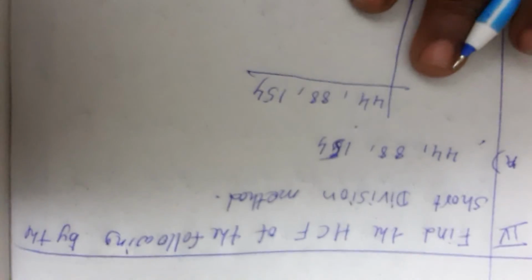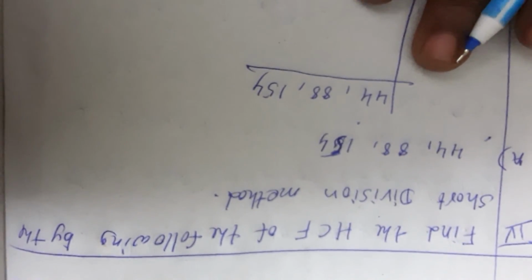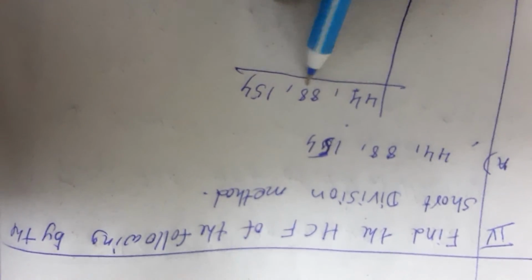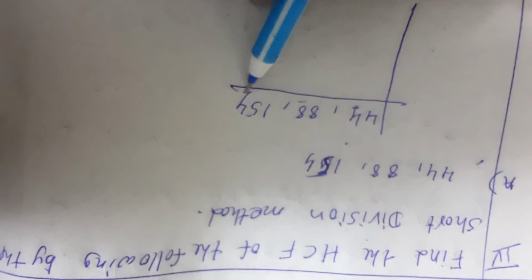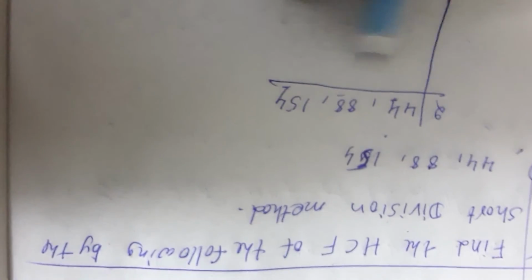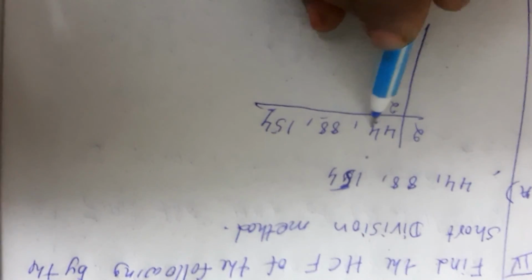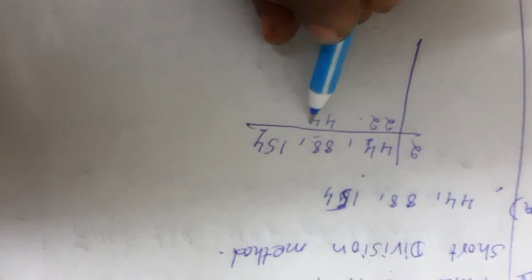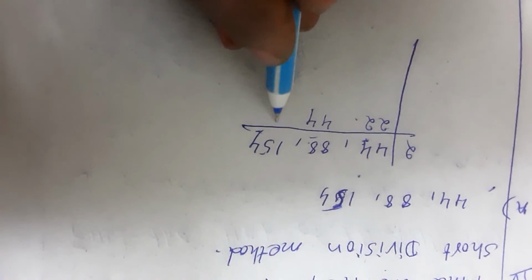So these three numbers are divisible by which number? Their ones places are 4, 8, 4. These are all divisible by 2. 2 twos are 4, 2 fours are 8, 2 sevens are 14.